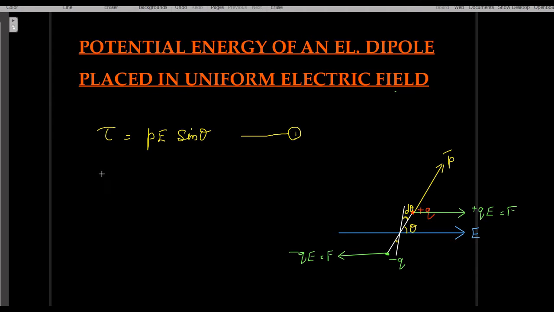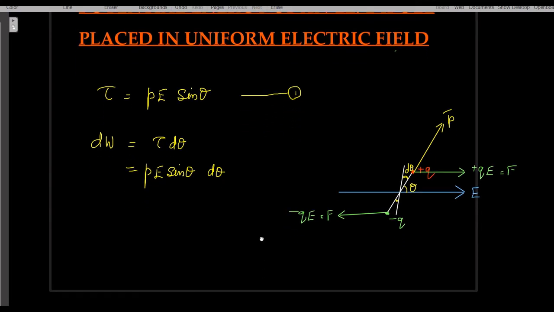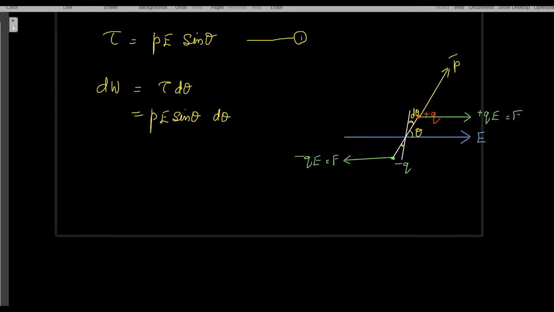And we know the work done for rotating through an angle d theta is dW, which is equal to tau d theta. Already we know tau is equal to PE sin theta. Substituting from equation 1, dW is equal to PE sin theta d theta. This is the elementary work done for rotating through an angle d theta.